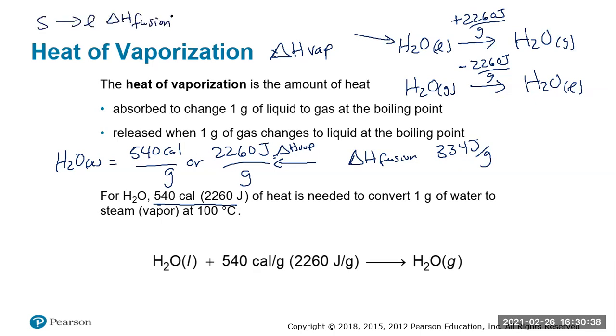Why would that be? Going from solid to liquid, in the solid state everybody's packed pretty close, and in the liquid state everybody's still relatively packed close to each other. So it doesn't take as much energy to do that transition.